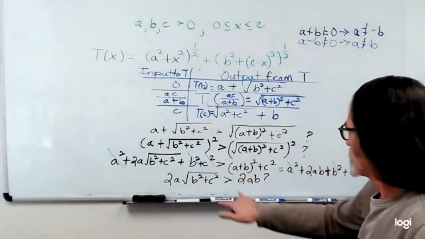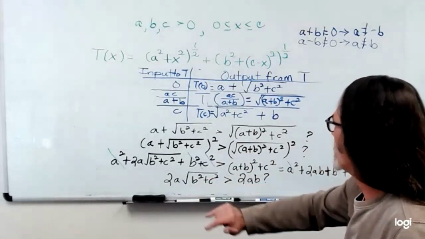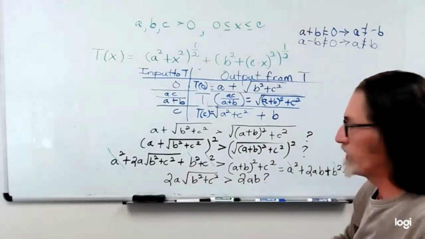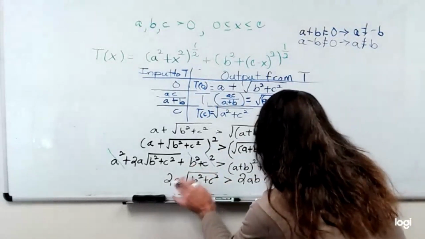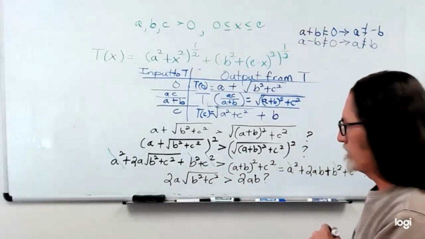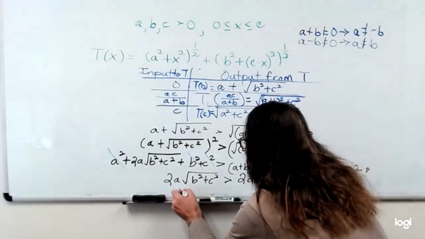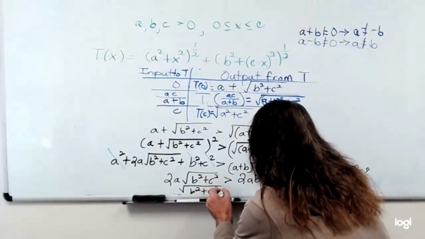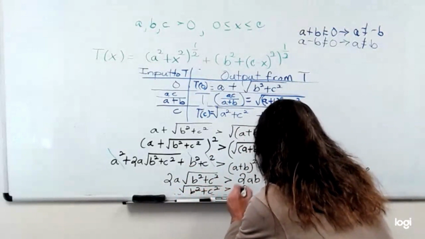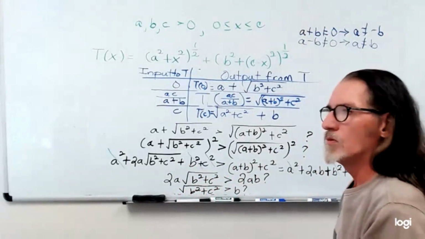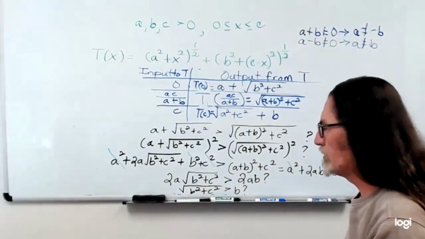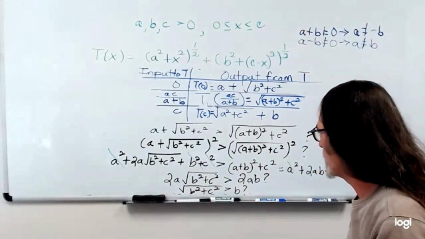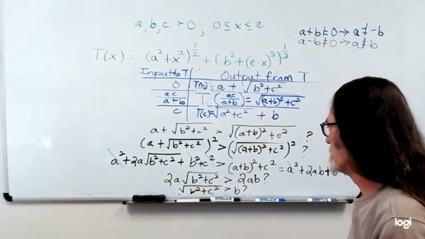Since a is greater than 0, and of course 2 is greater than 0, we can divide both sides by 2a. So this boils down to, is the square root of all of b squared plus c squared greater than b?